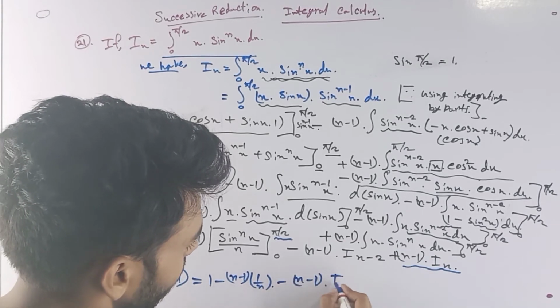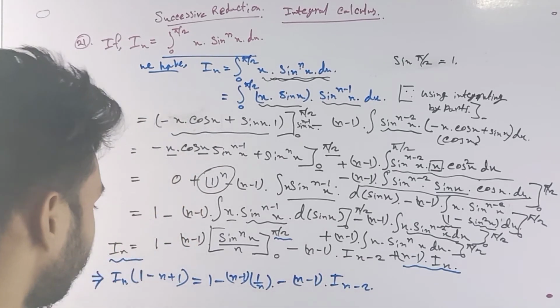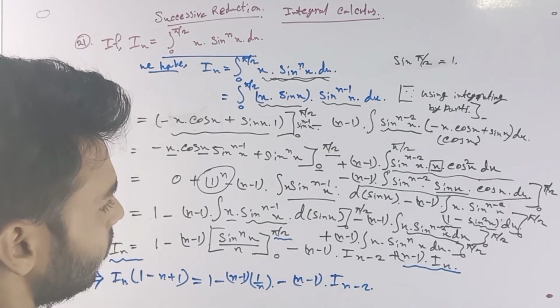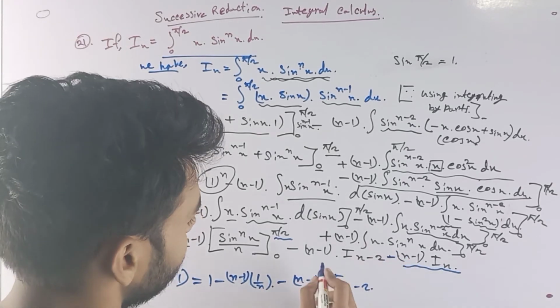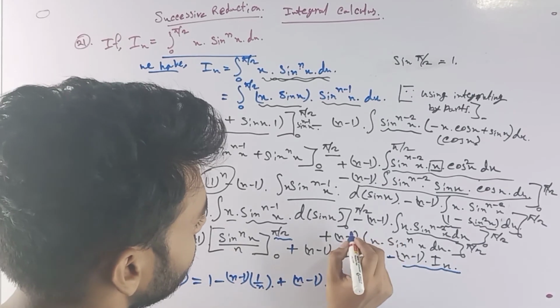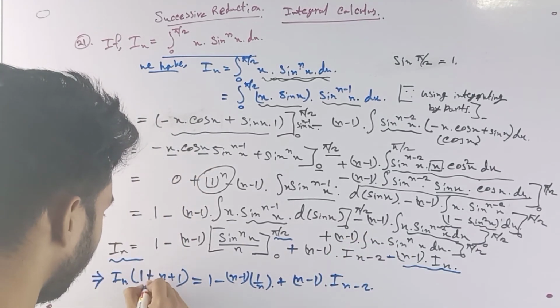n minus 1 into I of n minus 2, and now the other factor is minus, so that becoming plus, so plus is coming, and the minus becoming plus.